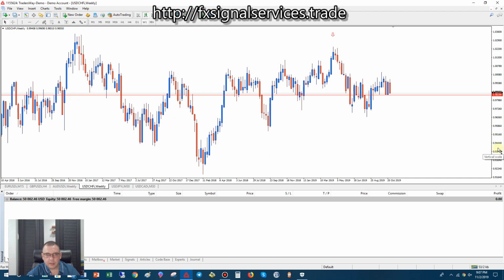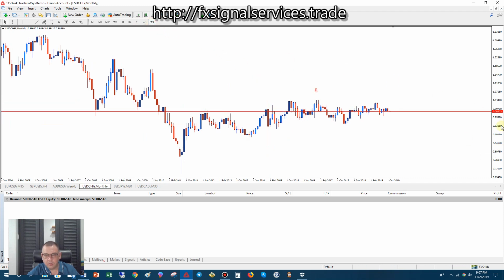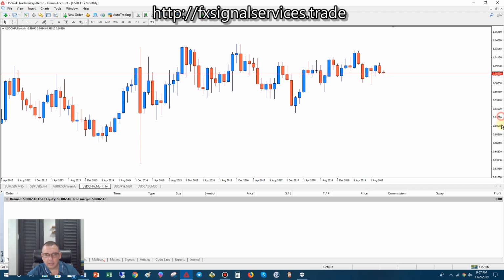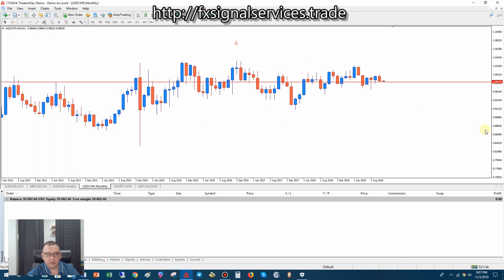Okay, the weekly, even monthly, all have a red arrow, meaning this is waiting to go into a downtrend. All right, and if we zoom in a bit on the monthly, we see that we have some areas of support, most notably this one here. Okay, I feel that the price is going to break and come down to this level.